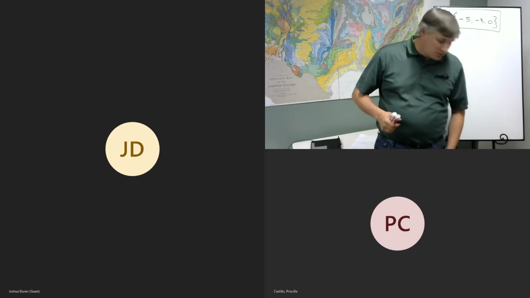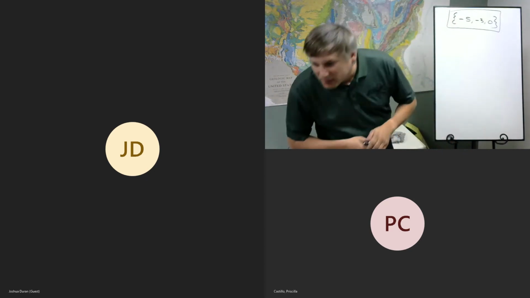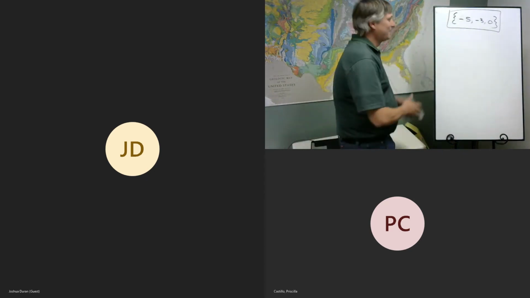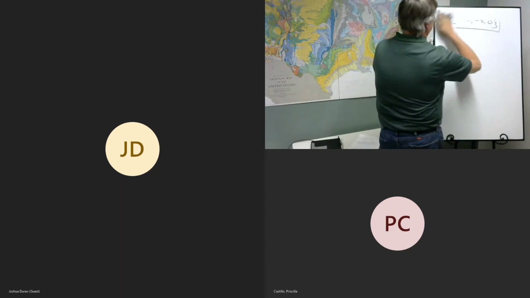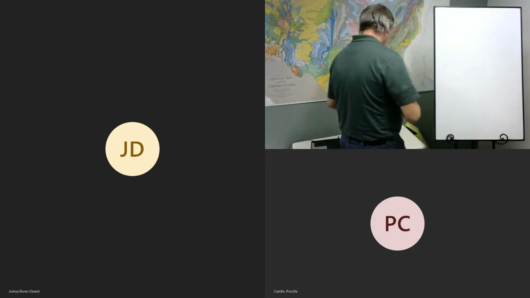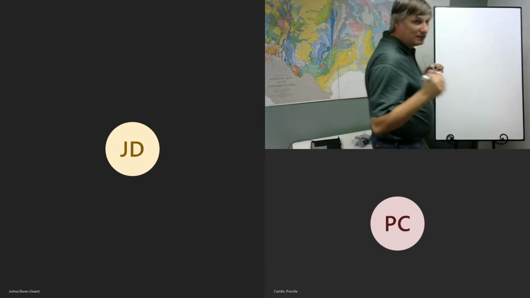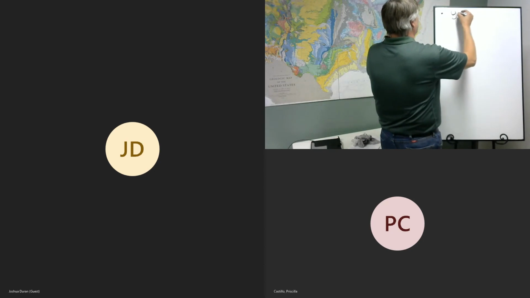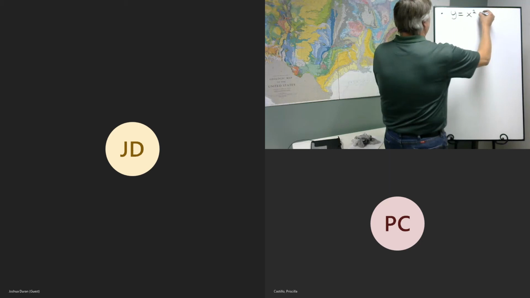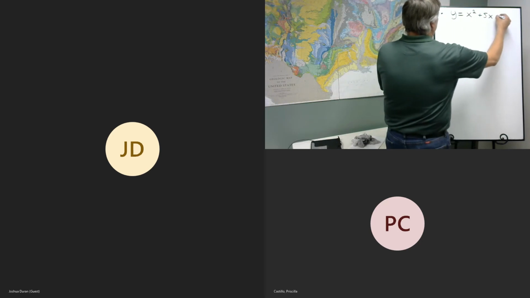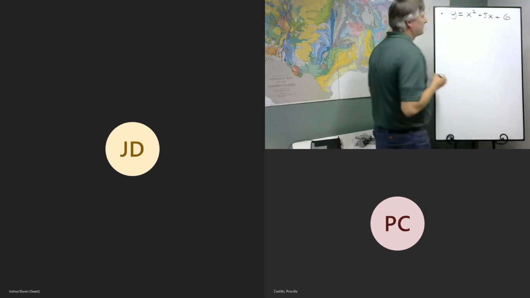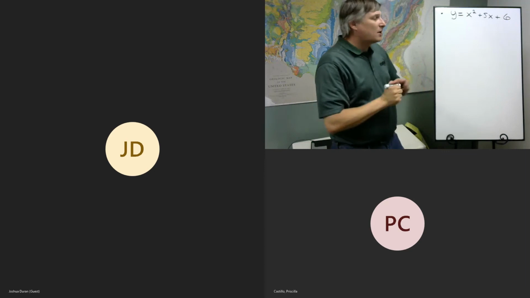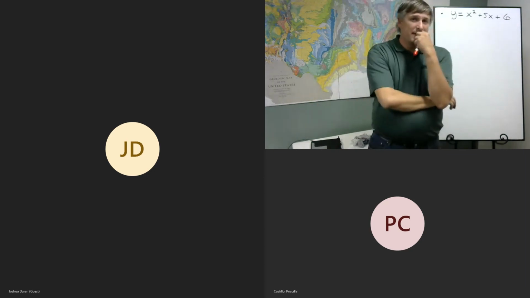So any questions about that? So I just want to make a note in here real quick. Let's see. Oh, we're still doing good on time. So let's say you have this. Now we've talked about x-intercepts in the past.